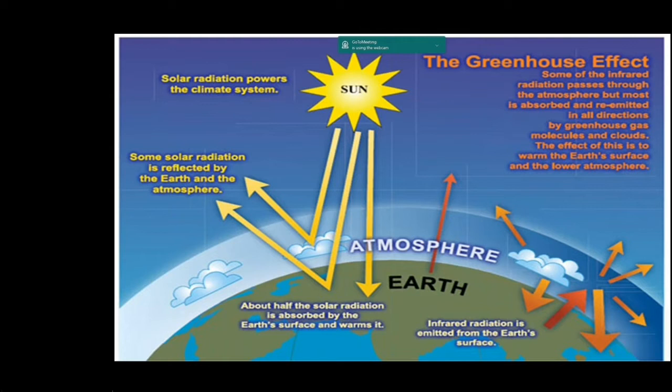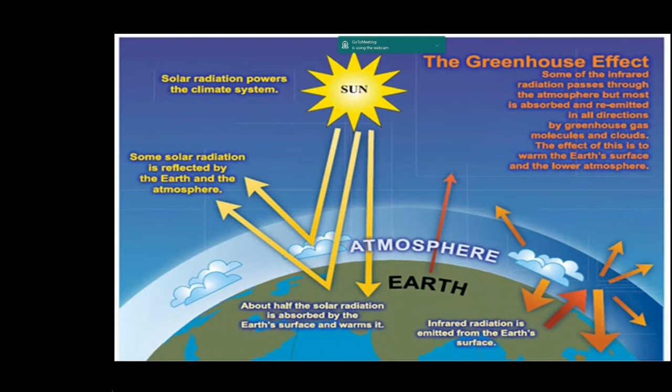So what are these greenhouse gases? Greenhouse gases are the ones that will absorb this radiation and scatter it in all sorts of ways. Another problem with these agents is that they have ozone depleting properties. So they do two things.